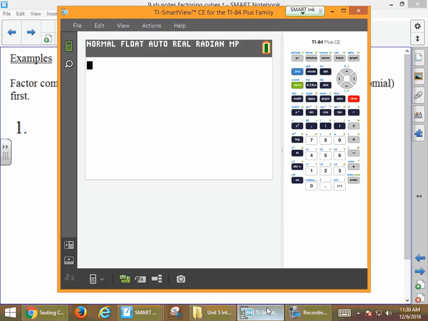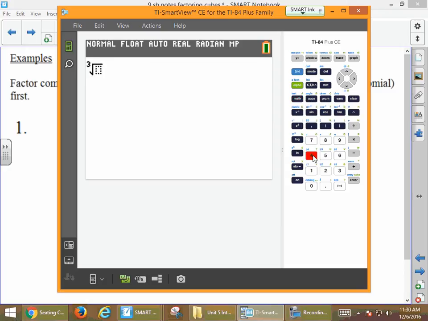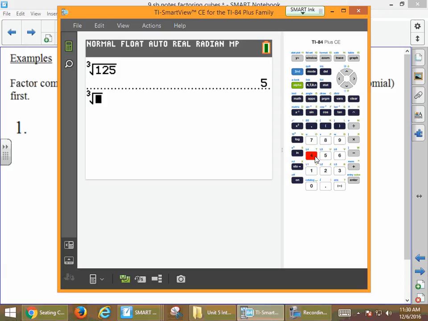It is the math button. Math, number 4, and then 125. This is 5. Math, function number 4 is 125, and we get 5.